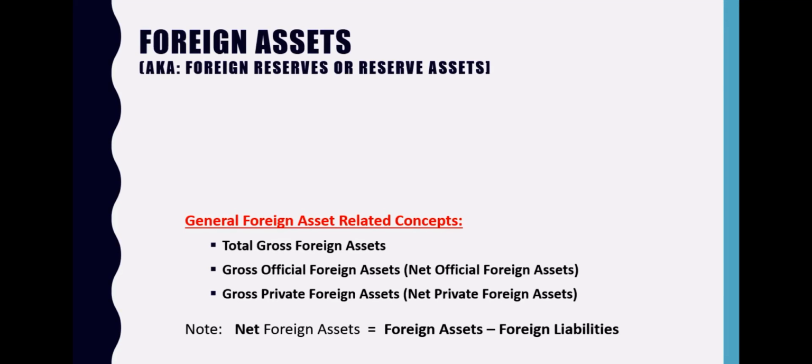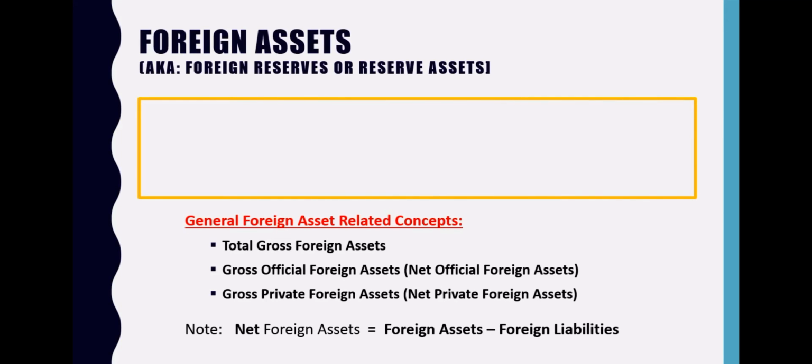While we need to be very familiar with this definition, we need to keep in mind it does not define foreign assets, foreign resources or foreign reserves in a general way. It defines it in a very specific way in terms of the foreign assets owned by a central bank, right?